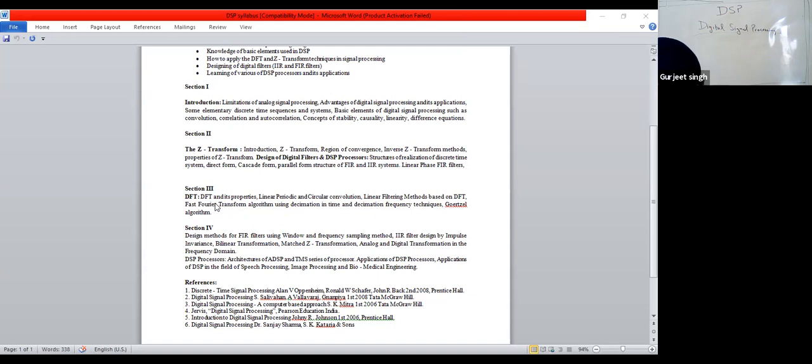And in section four, we will cover the concept of filters. We will use two types of filters in digital, basically the FIR filter, that is the finite impulse response filter, and the infinite impulse response filter and its types.